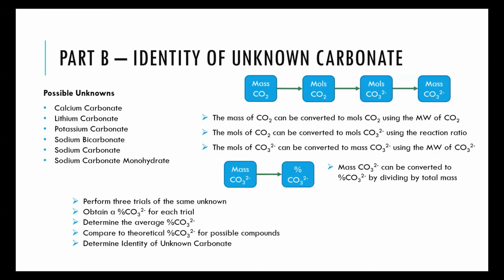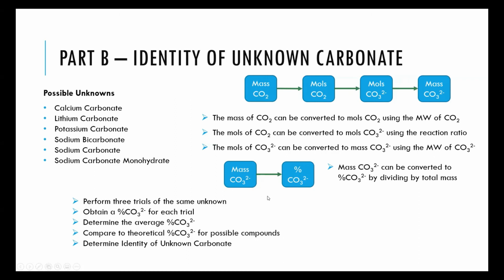Afterwards, the difference will be the mass of carbon dioxide. So you'll go from mass of carbon dioxide to moles carbon dioxide, moles carbon dioxide to moles carbonate, and moles carbonate into mass of carbonate, and then convert that into a percentage using the total mass of your powder.